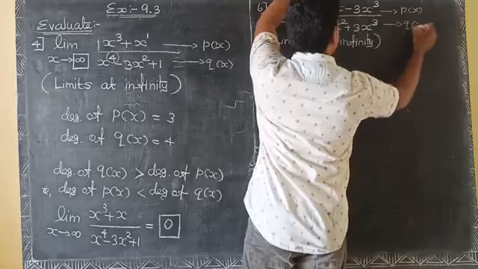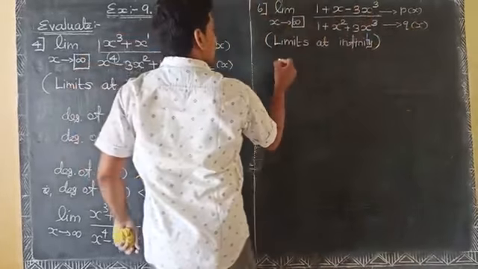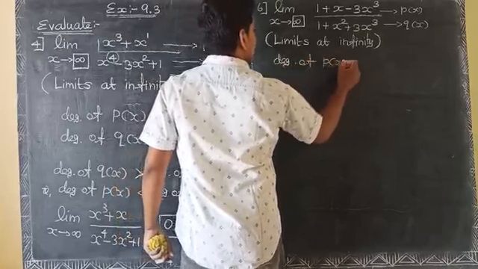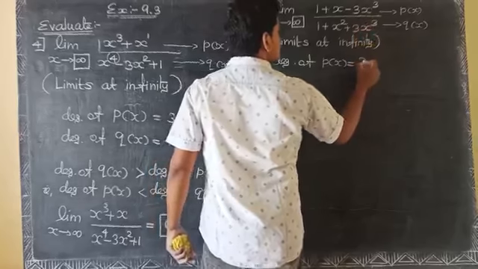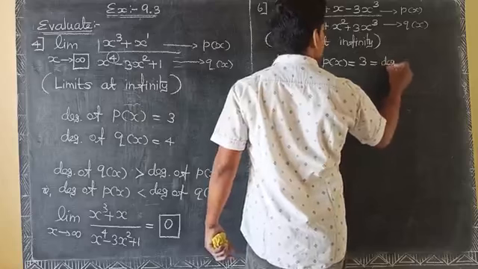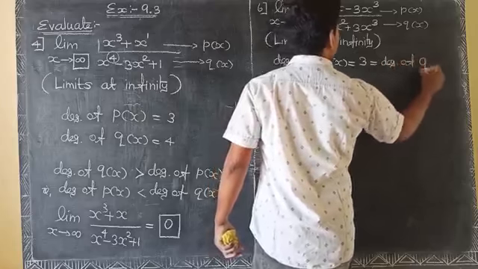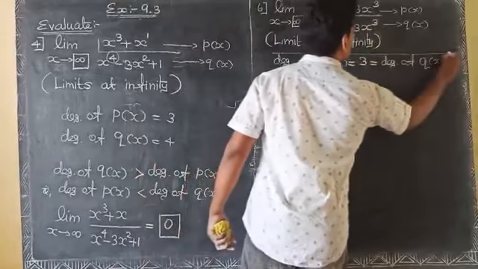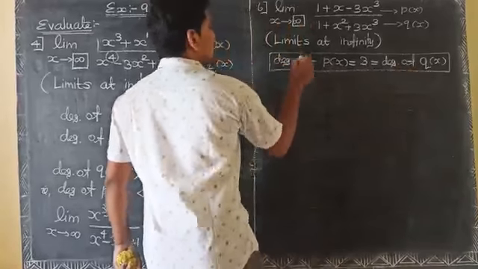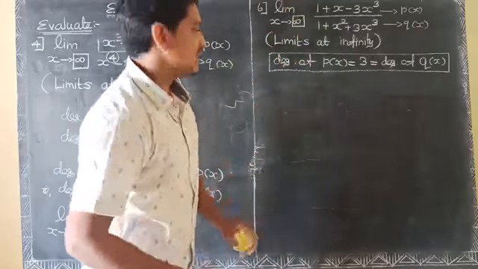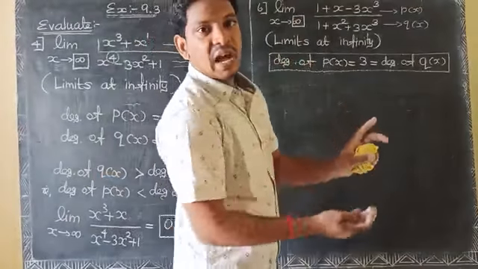The degree of p of x, the highest degree, is 3. Then the degree of q of x is also 3. Both are equal, so what is the procedure to find the limit of the given function?